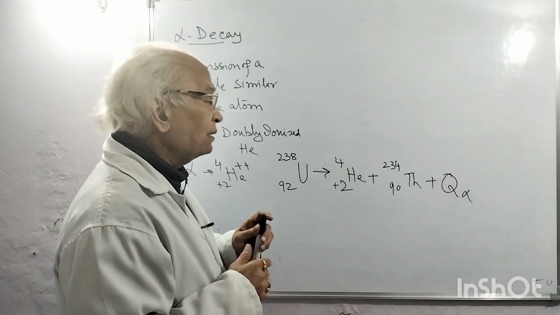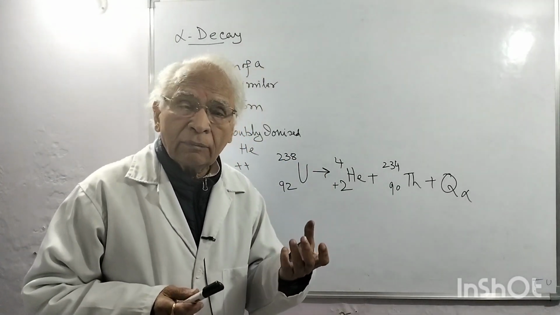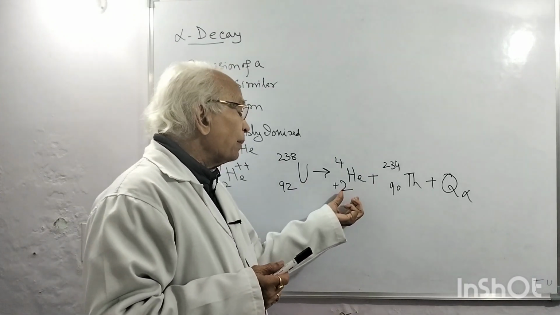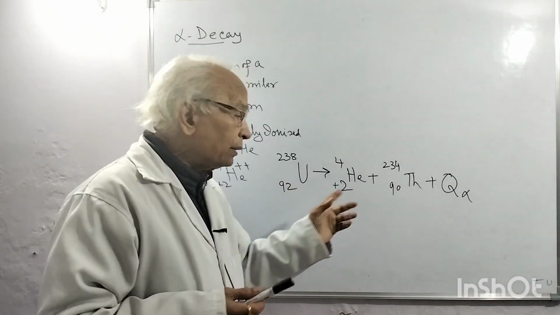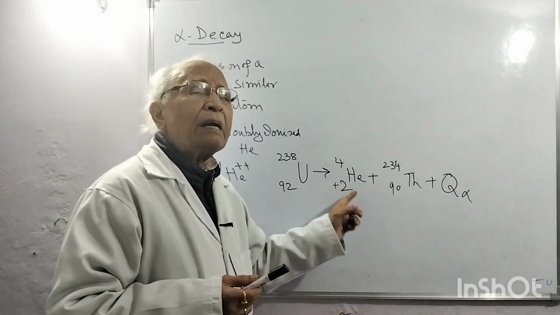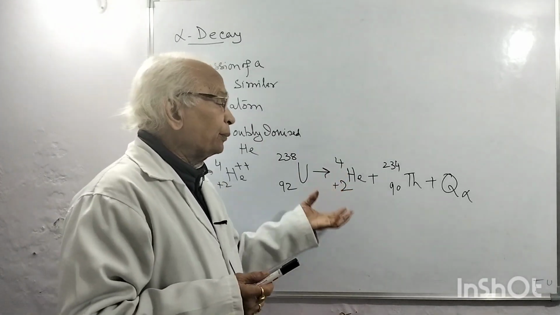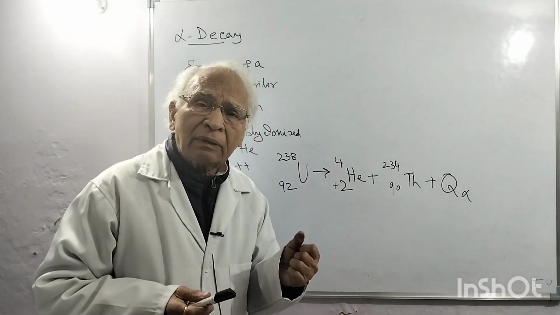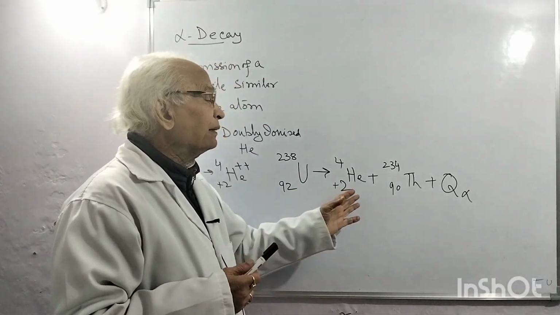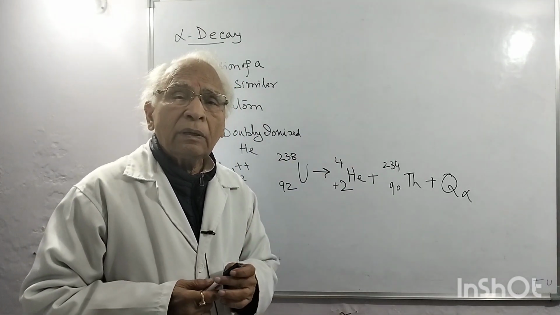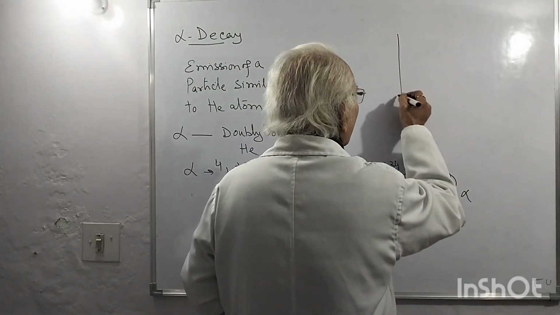But simply I will say here that it is a quantum mechanical explanation, because an alpha particle is a charged particle and cannot come out over the potential barrier, because its energy is about 4 to 5 MeV and the potential height is about 30 MeV in, say, uranium. So how can an alpha particle come out from a 30 MeV barrier height from the nucleus of uranium?